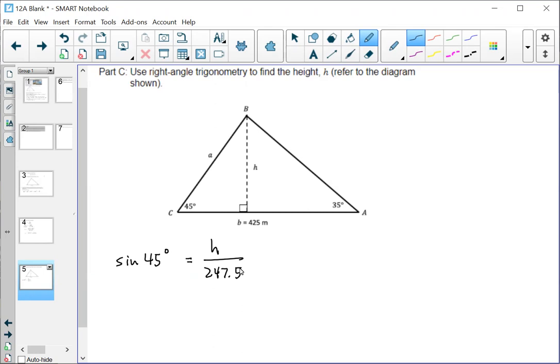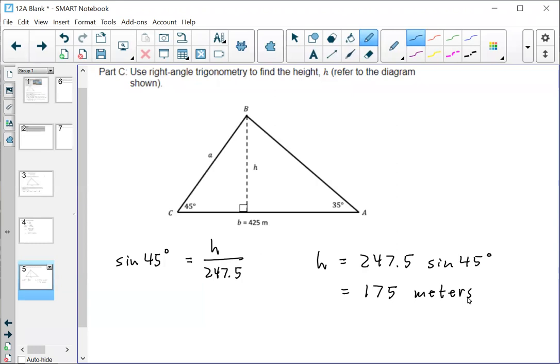If we rewrite this, H is equal to 247.5 times the sine of 45 degrees. When we do the calculation, we get 175, and that's in meters.